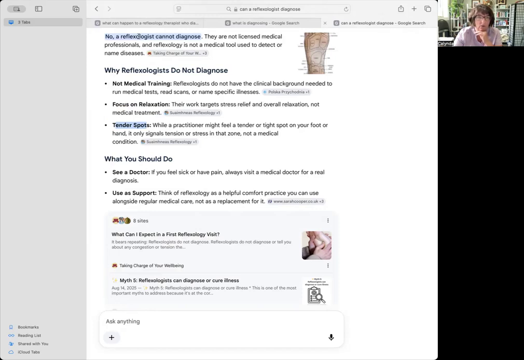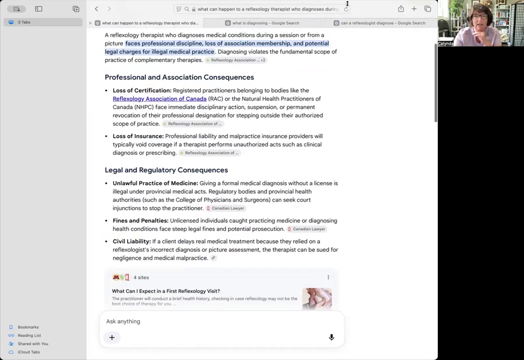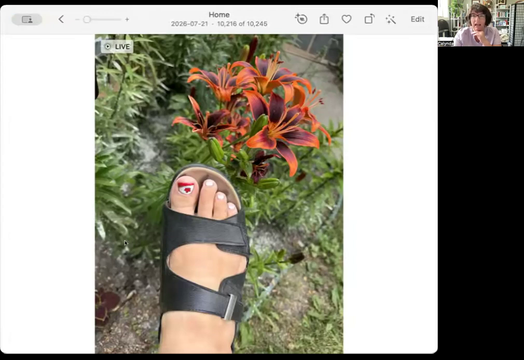So if somebody is coming out and they are posting a picture and it's like, hey, what's wrong with my foot? Can you tell anything from reading this foot? The answer should be, see a foot doctor if you are concerned about the foot. But as a reflexology therapist, you can work on the foot and just customize a session based on the health treatment record.